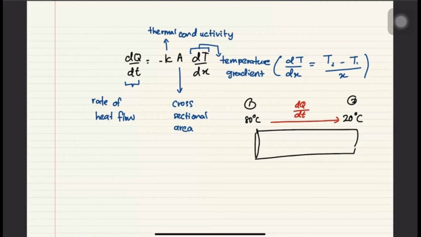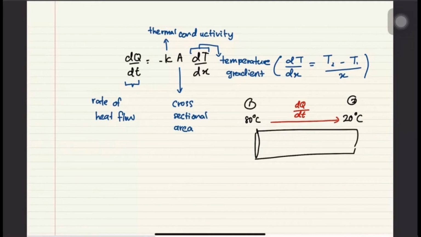So kalau kamu nak buat baju sejuk, K kamu nak besar ke nak kecil? Okay, saya ulang, kamu nak buat winter clothing, baju sejuk, jaket, logically kamu nak pakai material yang nilai K tu besar ke kecil? Kecil.